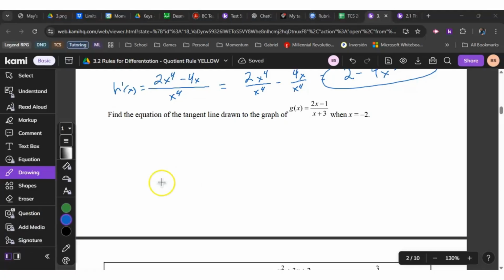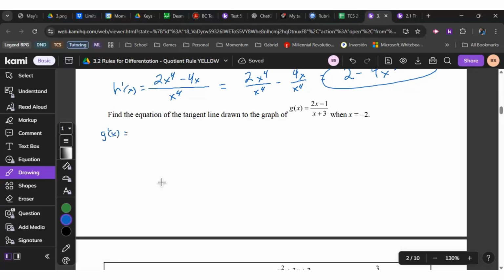All right, find the equation of the tangent line drawn to this graph now. If you look at this one, can you turn that into a polynomial-like graph? No. How are you going to make that look like a polynomial? You can't do it. So instead, we're going to do some quotient rule.